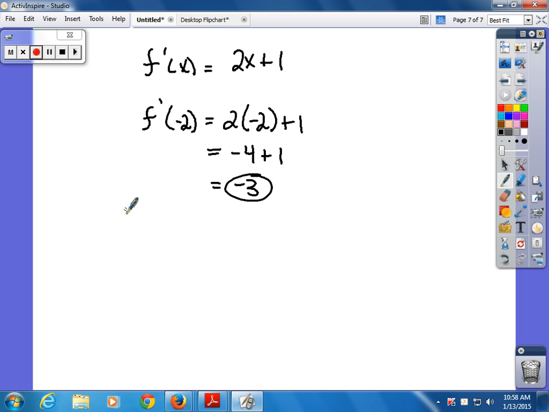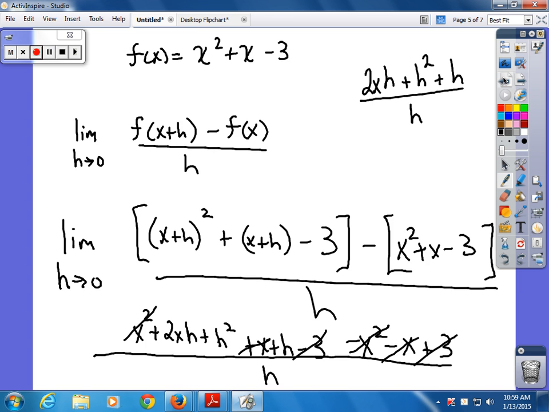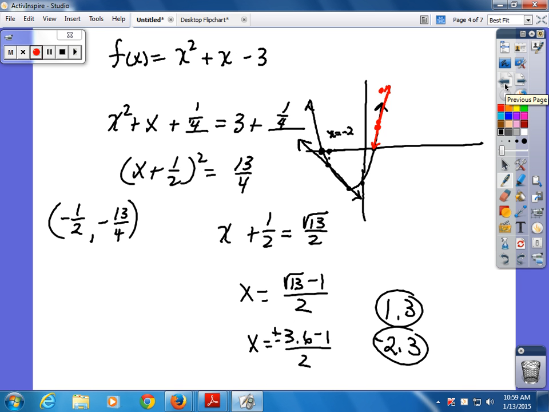The negative means left to right down. So it looks like a line going down that way, and you can see that line is significantly steep, negative 3 over 1.